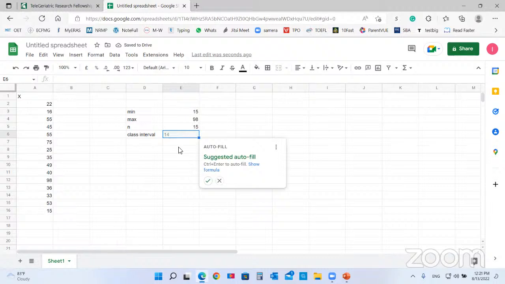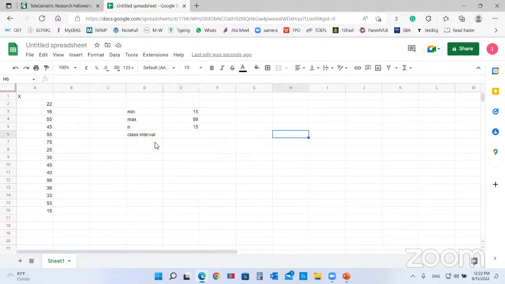As you see here, Google Sheets suggests that the class interval would be 14, but we can calculate it together. All right. So to know the class interval, we need first to know the number of classes. I can do this by taking the square root of the total number, which is 15.